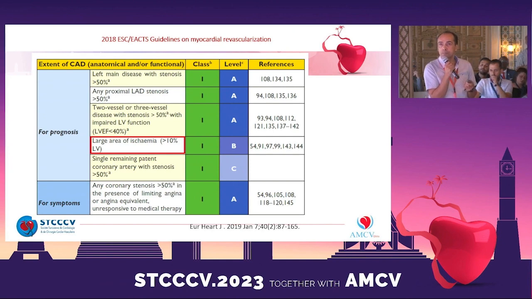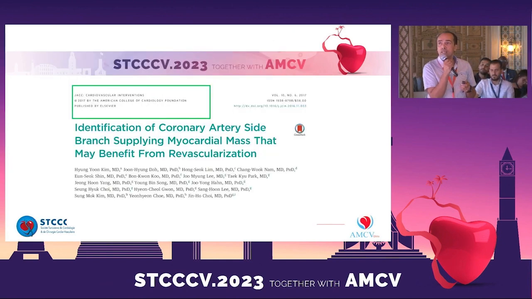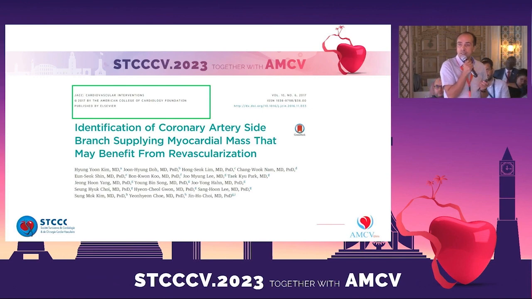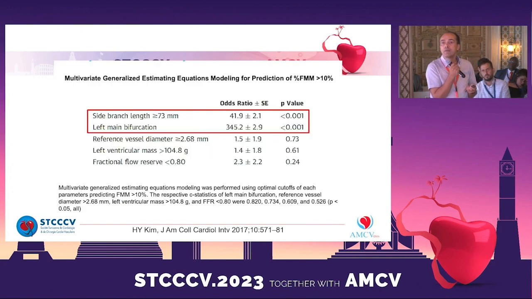This is a very interesting paper published in JACC in 2017, which identified the coronary artery side branches supplying myocardial mass that may benefit from revascularization.